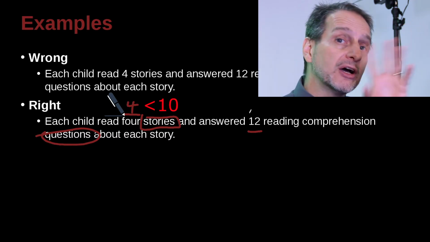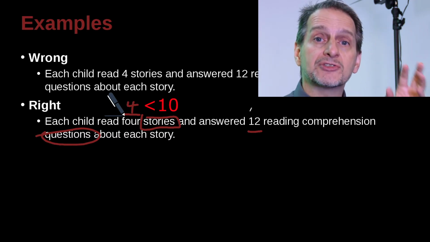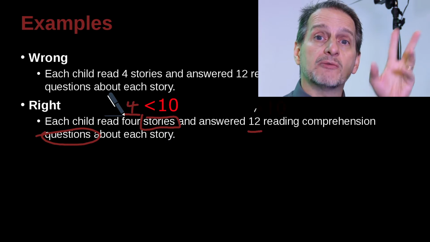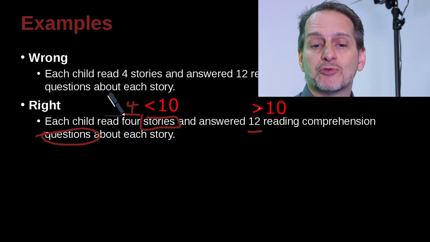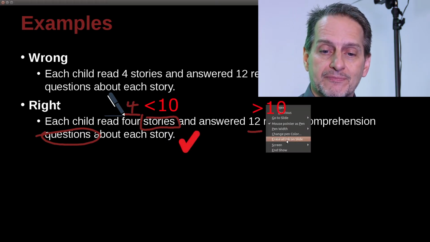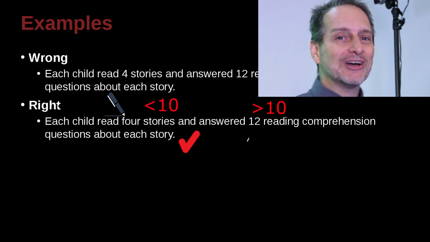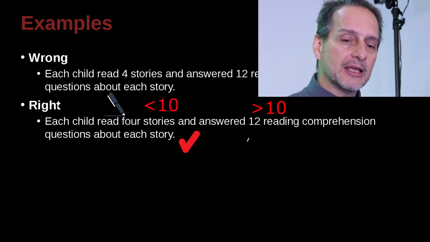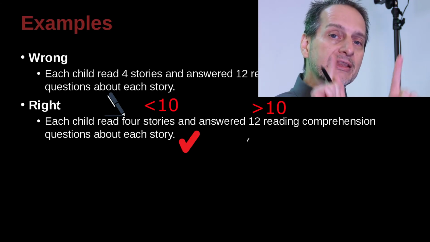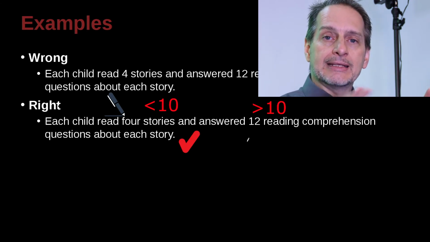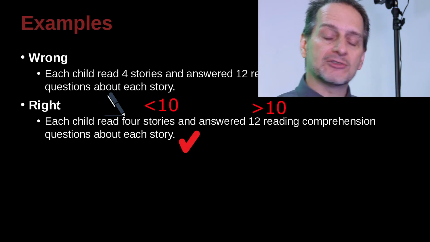We're not comparing 12 to any other number of questions, so it's 12, and 12 is bigger than 10, so we're going to write the number. A little bit confusing, right? Well, just a little bit tough, I have to admit, but you can see the logic. The numbers are isolated. They're not being directly compared to each other.